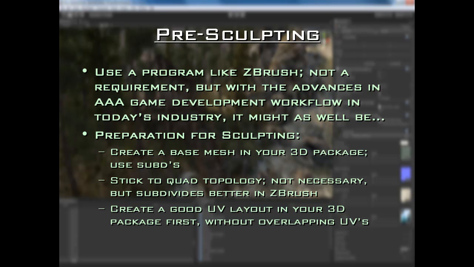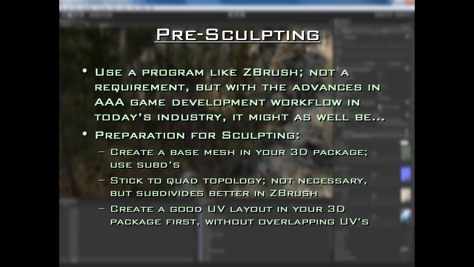Now, you also want to make sure you create a good UV layout in your 3D package first before going to ZBrush. And this is my recommendation, send it into ZBrush without overlapping UVs. More than likely, if you're a game developer and you're using ZBrush in your workflow to make high-res sculpts, it's because you want to normal map them onto the low-res objects. And normal maps require UVs.